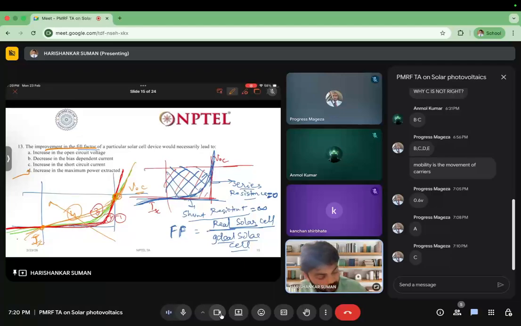Increase in the short circuit current: not. Short circuit current will not be affected because it is related to the incident power and material quality, which is the same. Material is the same, only the fill factor, let's say, improves. How? Increase in the open circuit voltage, let's say the same. This is also not correct. Decrease in the bias dependent current. What is this?